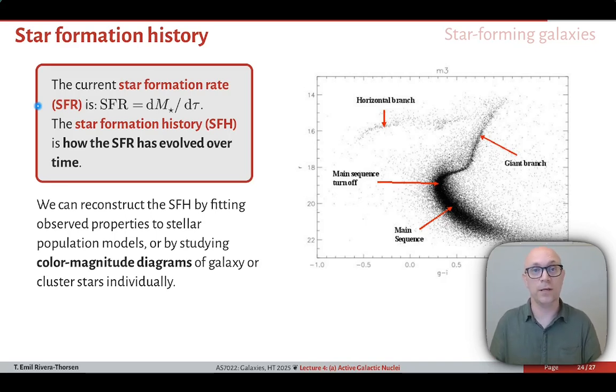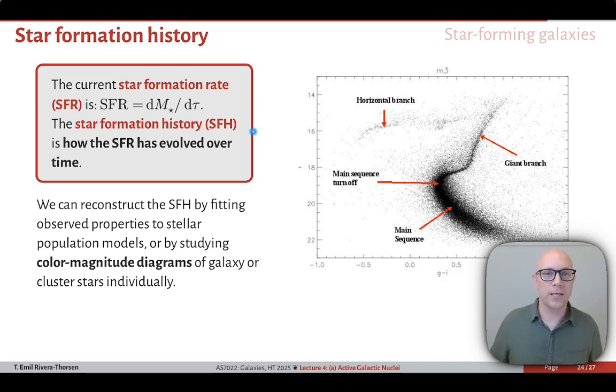So the specific star formation rate is simply the star formation rate of a galaxy divided by the stellar mass of that galaxy, which tells us something a bit more about how intense the star formation is in that galaxy.